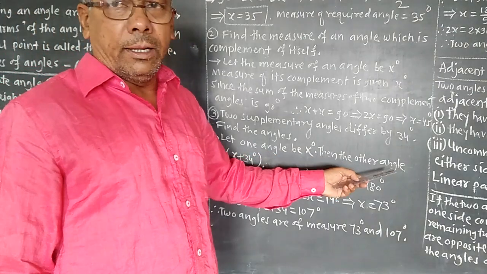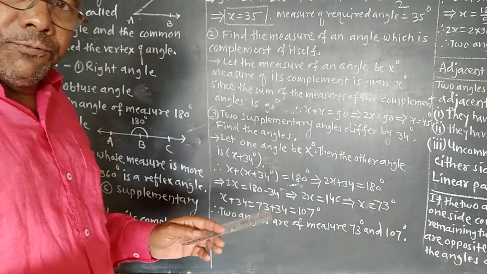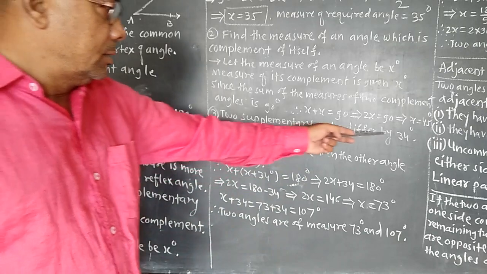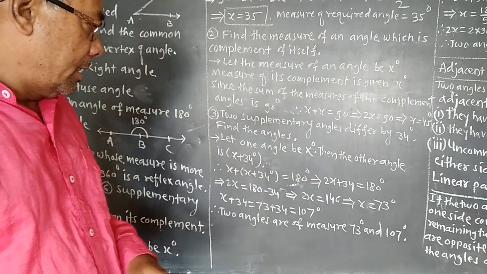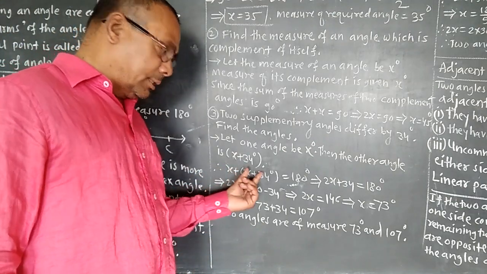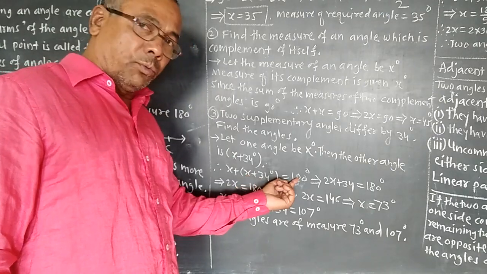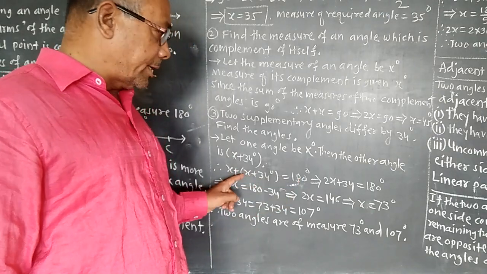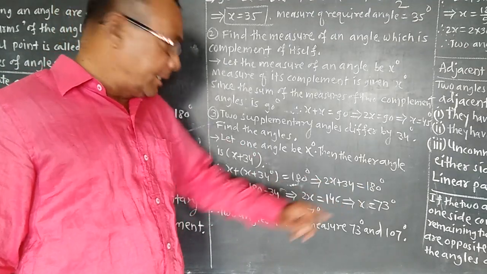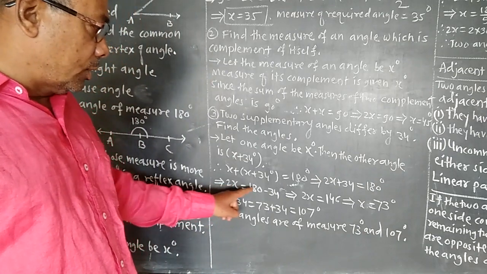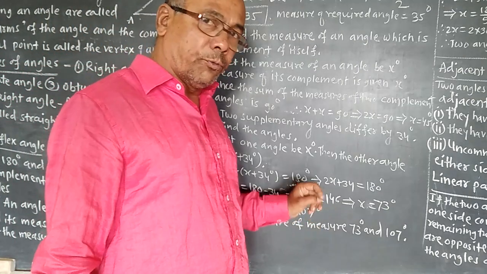Then the other angle is x plus 34, because the difference between the two angles is 34 degrees. So x plus x plus 34 is equal to 180 degrees. Now x plus x is 2x, so 2x plus 34 is equal to 180, and therefore 2x is equal to 180 minus 34, which gives 2x is equal to 146.